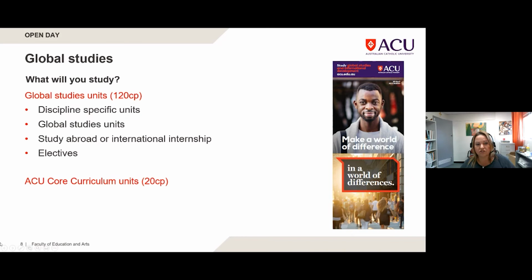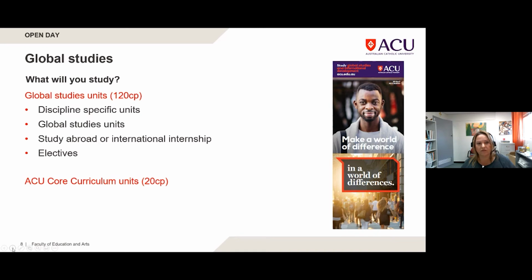And then each student at ACU does 2 core curriculum units, and these are worth 10 credit points each, and they've got quite a good human rights and social justice dimension to them: self and society, and our world and community. You can do those units in a normal semester or during summer or winter school, and you can do them online as well.